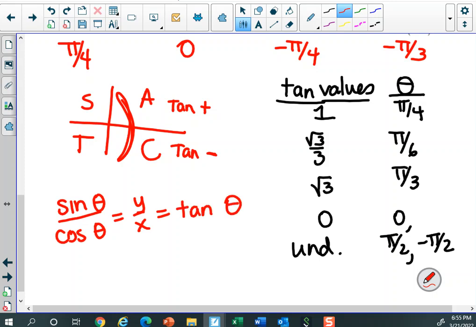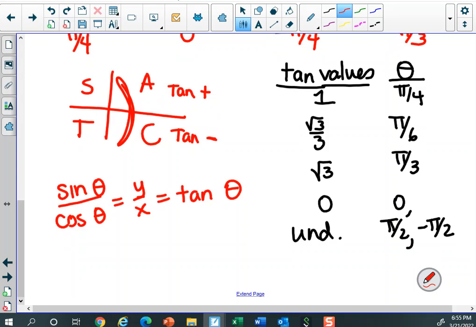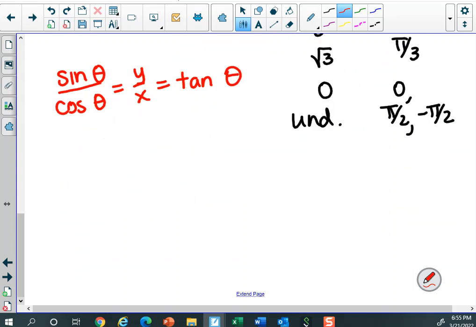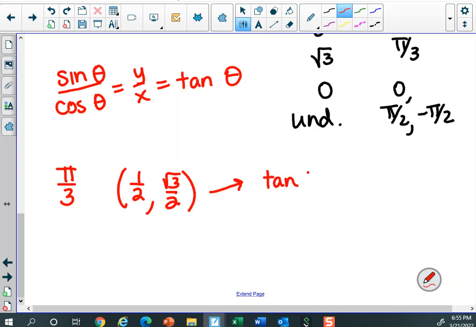So if you're stuck, like I got stuck a minute ago, trying to think pi over 3 versus pi over 6, if I know my ordered pair for pi over 3, the tangent for pi over 3 is the square root of 3 over 2 divided by 1/2.